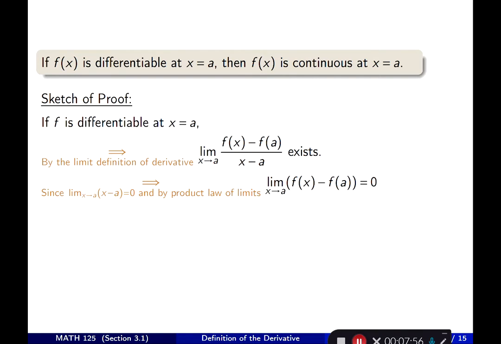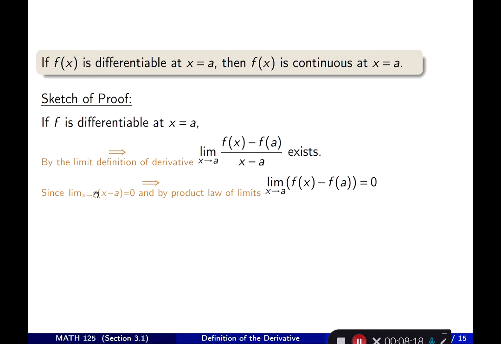Now, the limit as x approaches a of x minus a is equal to 0, right? Because you just plug in, and that's the direct substitution.